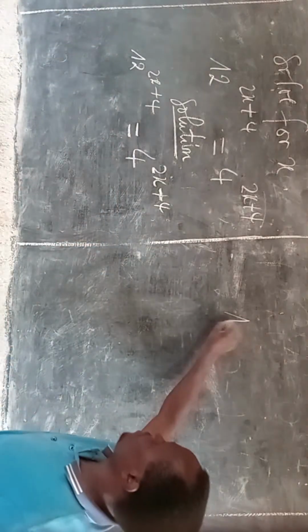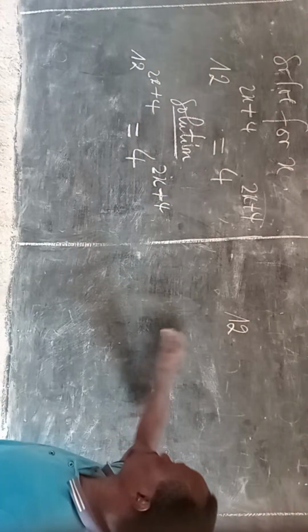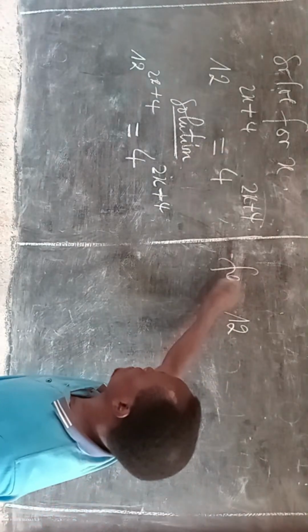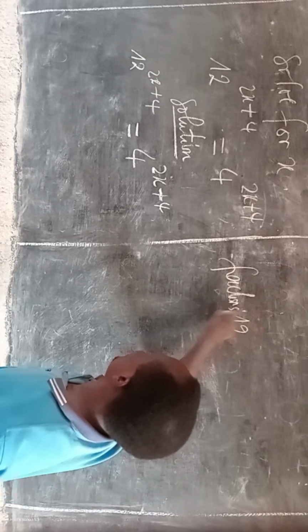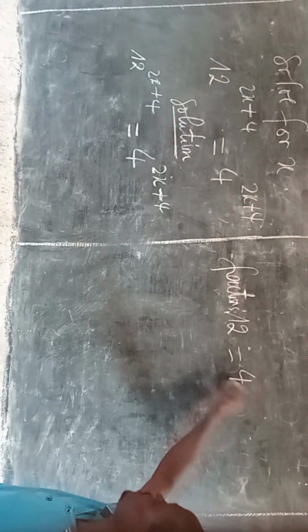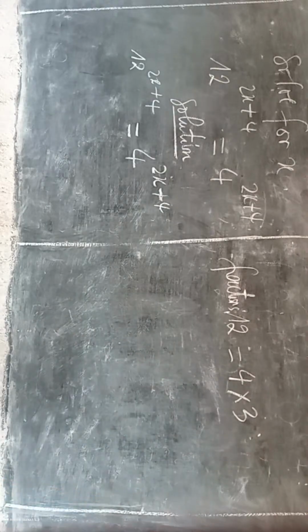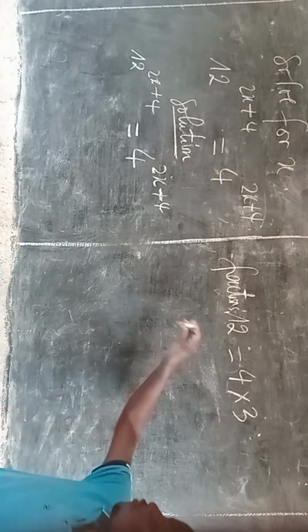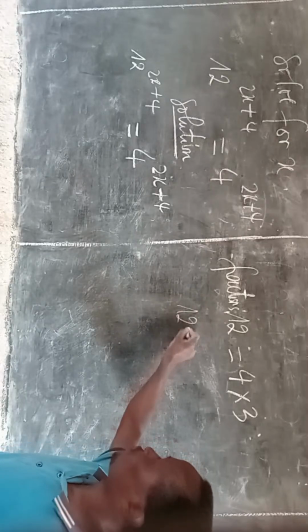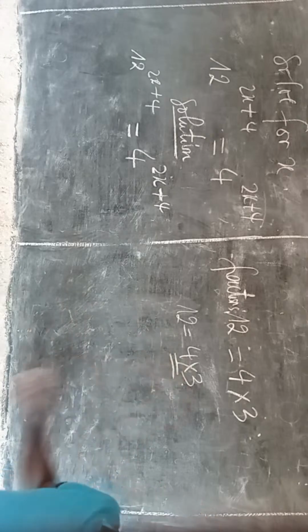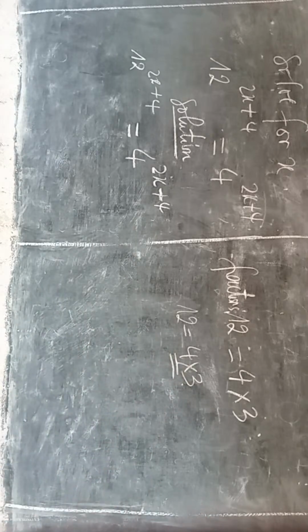That means the factors of 12 are 4 times 3. You see? It is 4 times 3. Now, in the place of 12, we are going to put 4 times 3. Now, let us continue.